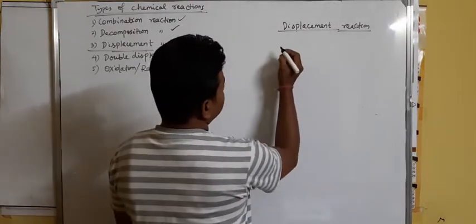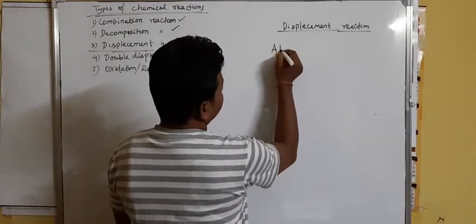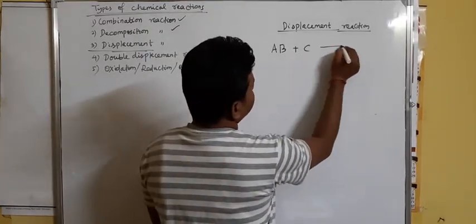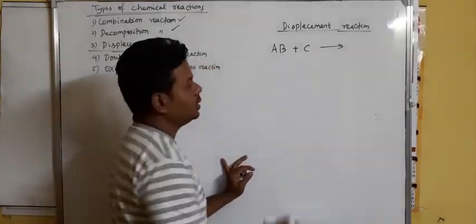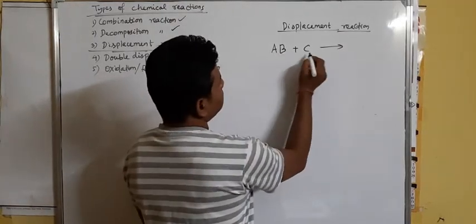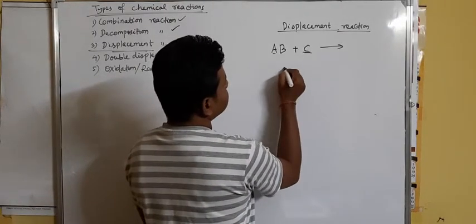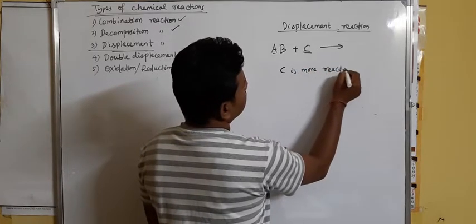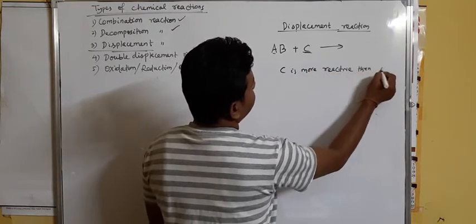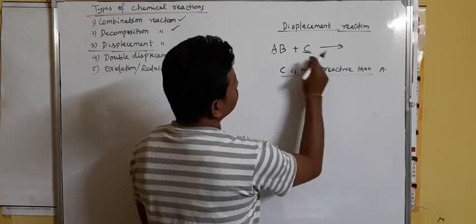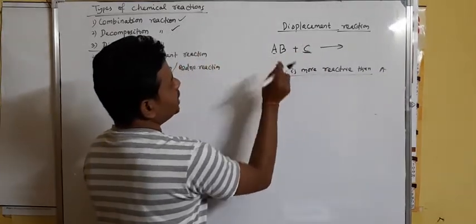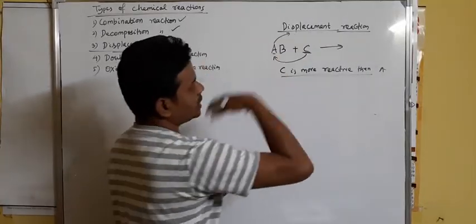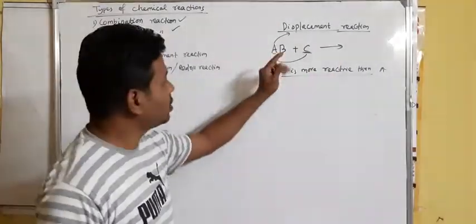So if AB is a compound, and it reacts with an element C, and C is more reactive than A, then because C is more reactive, C will take this place and A is given out from the compound.